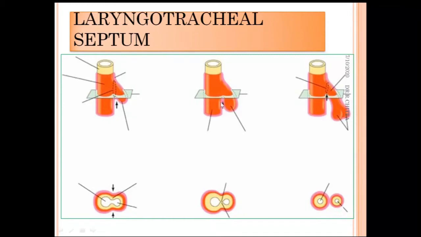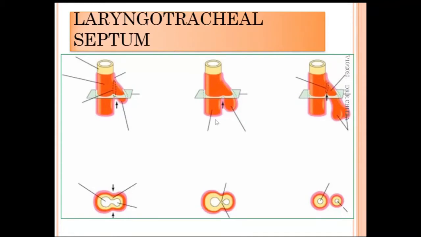Now the foregut will be divided into the prelaryngeal part and the postlaryngeal part of the foregut. So these are the two parts of the foregut, and this is the laryngotracheal tube which is separated by the laryngotracheal groove and by the septum.